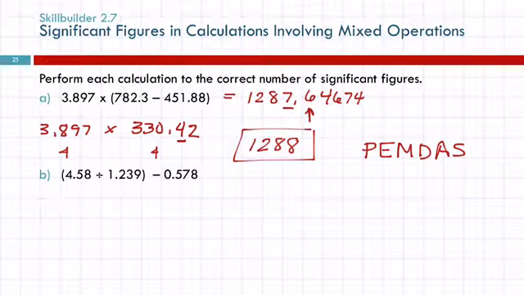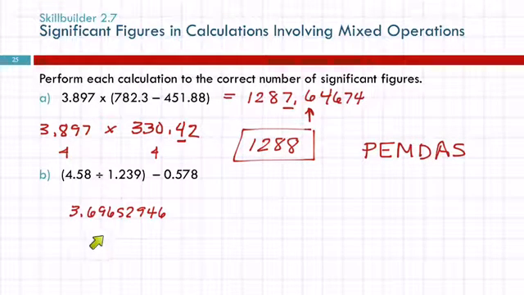So we have to do the division first here because it's in the parentheses. So 4.58, and I put that in wrong, 4.58 divided by 1.239 equals. I'm going to write that down, and I'm also leaving it in my calculator: 3.69652946. Wow, lots of digits.